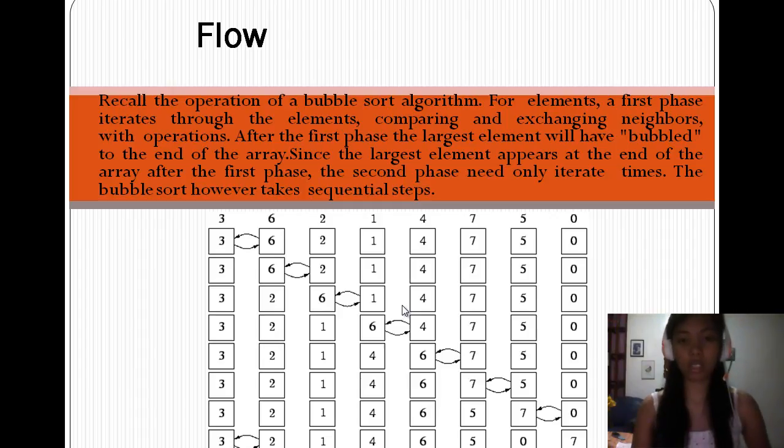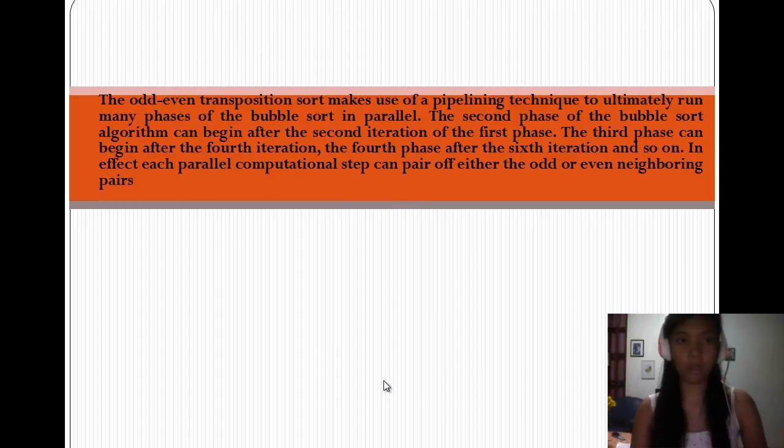A bubble sort changes positions or takes sequential steps after comparing. However, a transposition sort makes use of pipelining techniques that run many phases of bubble sort in parallel.